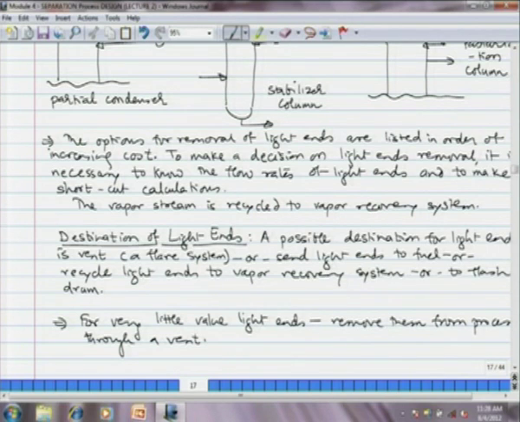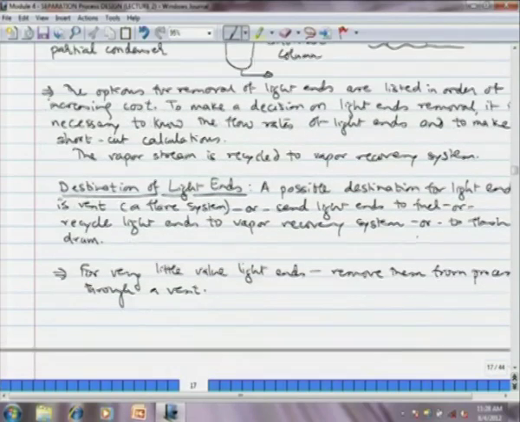Once we decide that, the next question that we face is the destination of light ends. A possible destination of light ends is just a flare system. You burn them before emitting, converting them to carbon dioxide and water, and then the gas is flared. But because of greenhouse gas emissions, the flare systems are now being questioned.